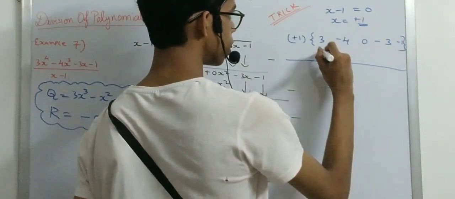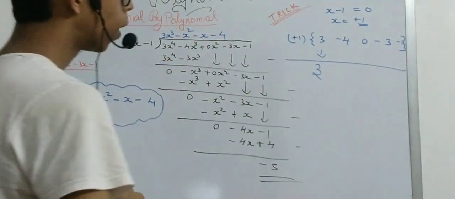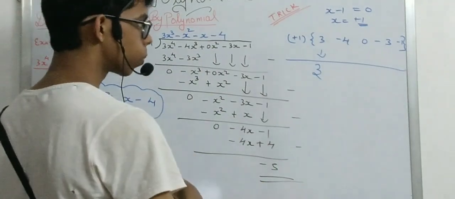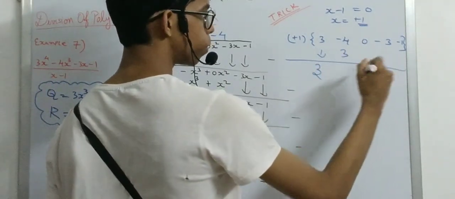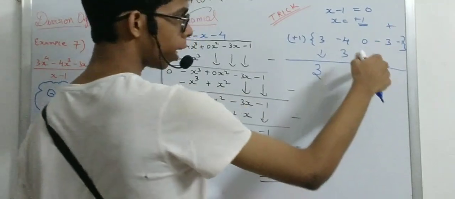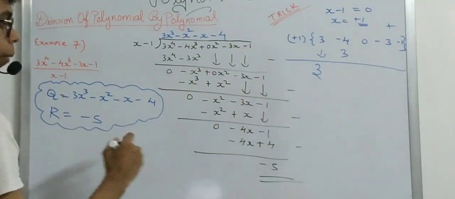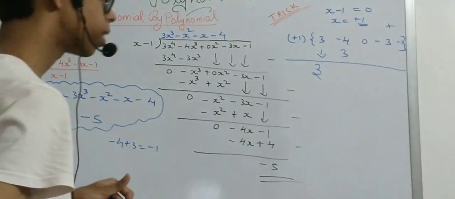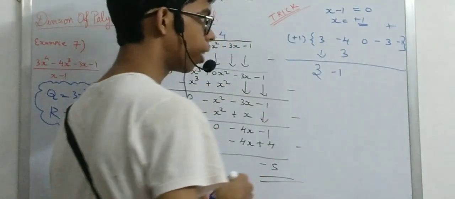This 3 copy down as it is. After that, multiply this 3 with this 1. So 3 into 1 is 3. Now after doing this we have to add. So when you do minus 4 plus 3 is equal to what? Minus 1, isn't it? So you will be getting minus 1 over here.